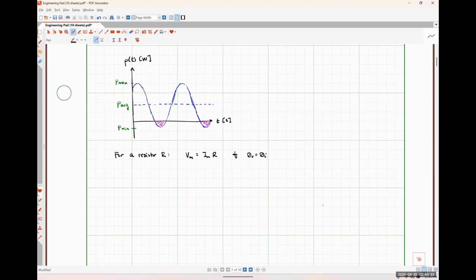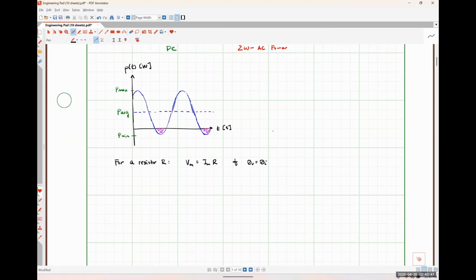So I can algebraically manipulate this essential Ohm's law expression right here. And I can express the instantaneous power absorbed by a resistor purely in terms of voltage-related quantities or purely in terms of current-related quantities.